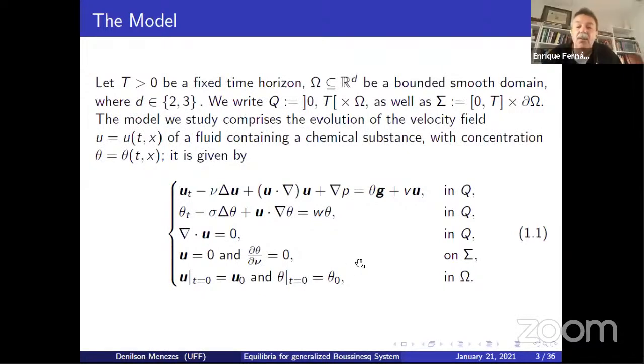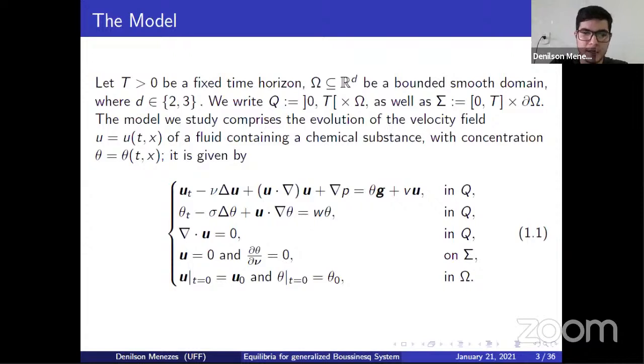So is your argument restricted to this case, or can you impose other conditions on U or theta? We don't, in theta, like Dirichlet condition or Robin condition, we can, with Dirichlet condition, we can have the same result.